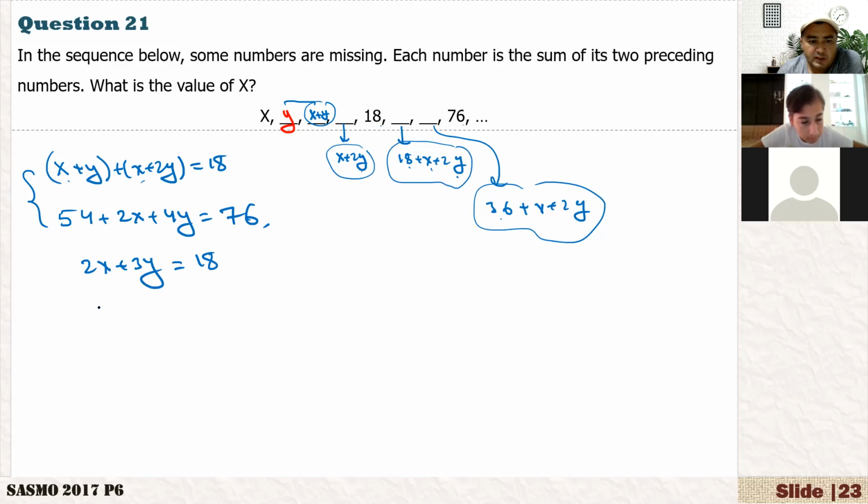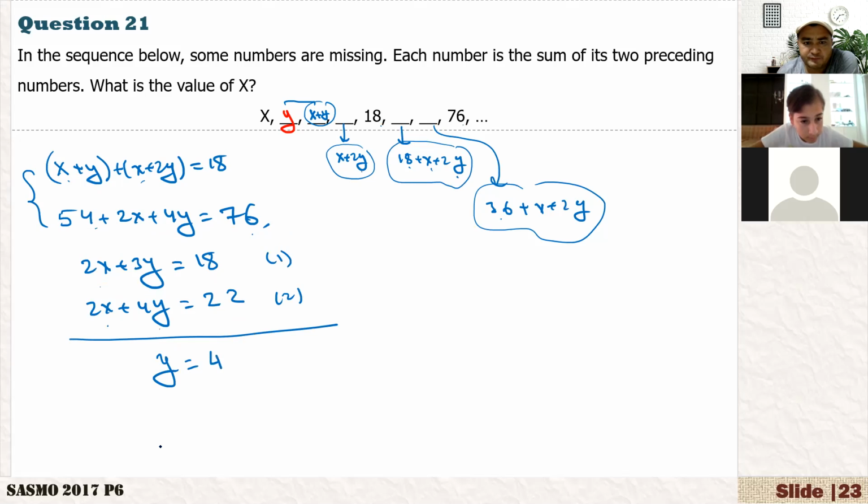From the second one, 2x plus 4y, taking 54 to the right-hand side, 76 minus 54 is equal to 22. Now, if you subtract the first equation from the second, 2x minus 2x is 0, 4y minus 3y is y, and 22 minus 18 is 4.